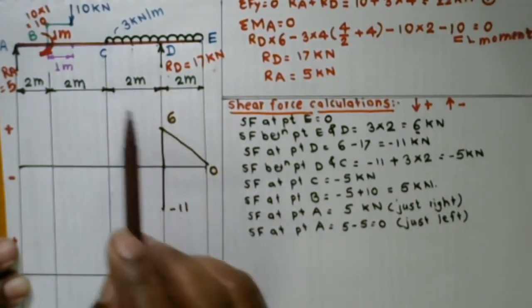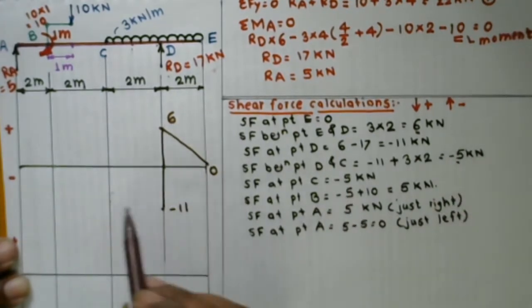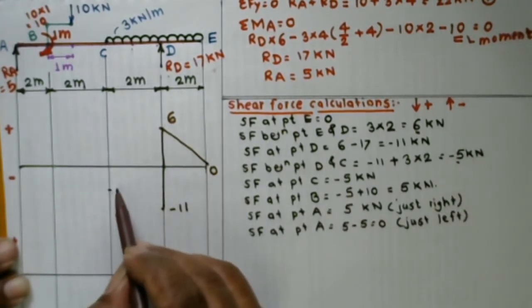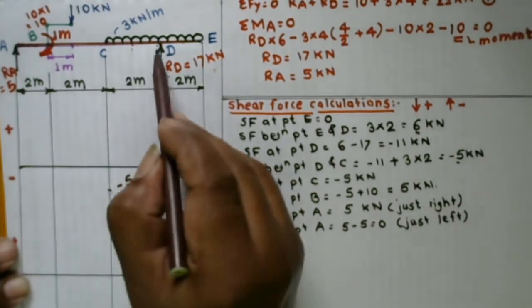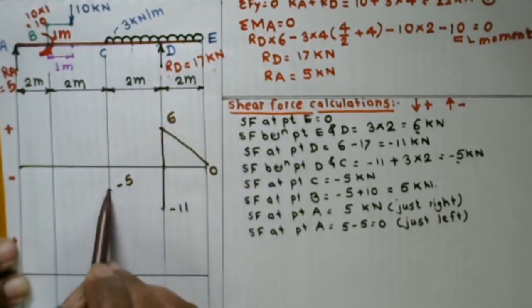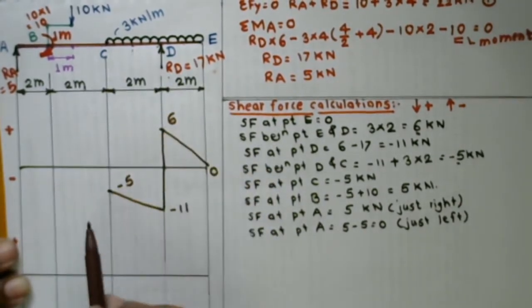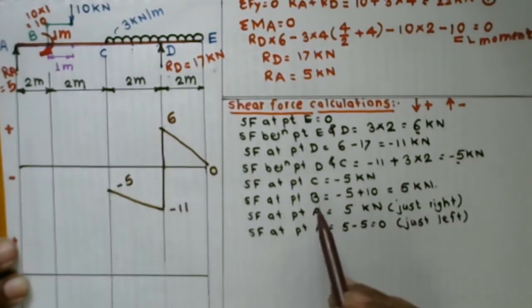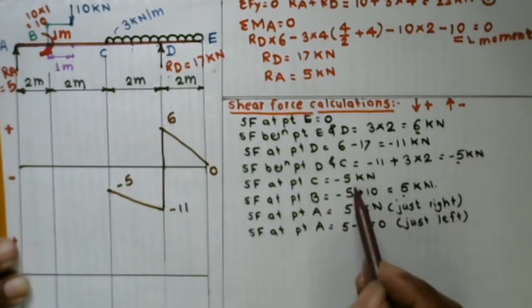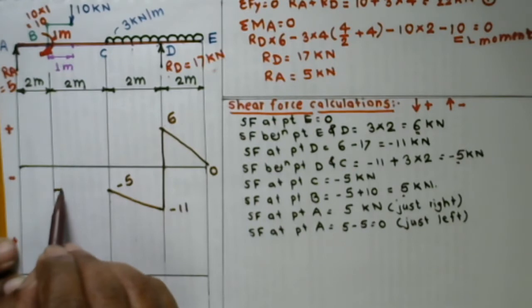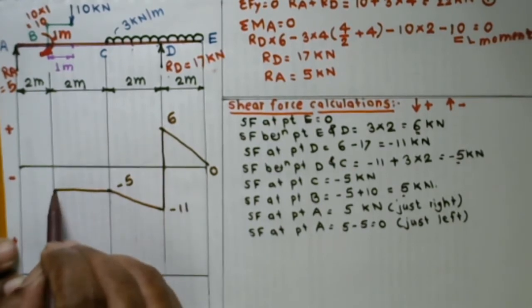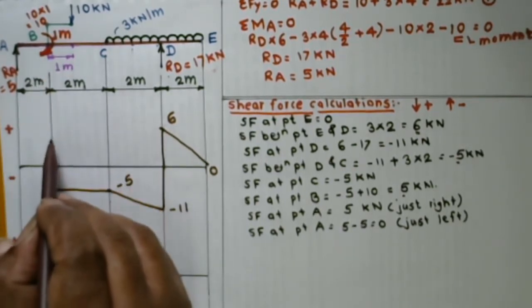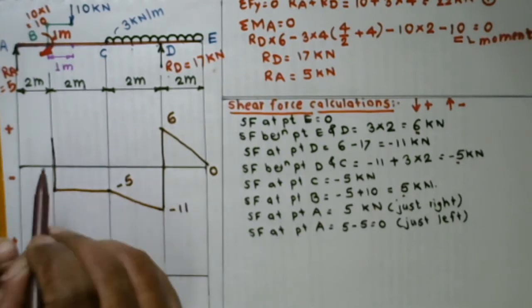Between points D and C it is minus 5, so this becomes minus 5. This is a UDL, so between D and C we have to join by an inclined line. Between points B and C it is minus 5, so up to this minus 5, but at point B it is a positive 5.